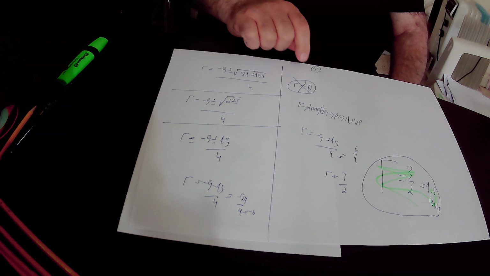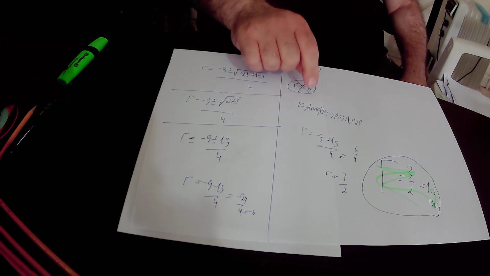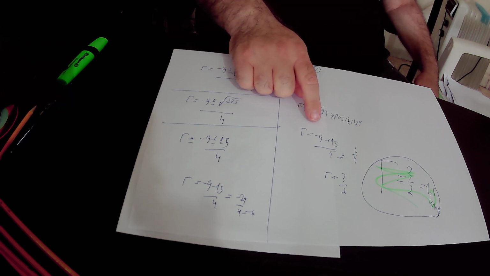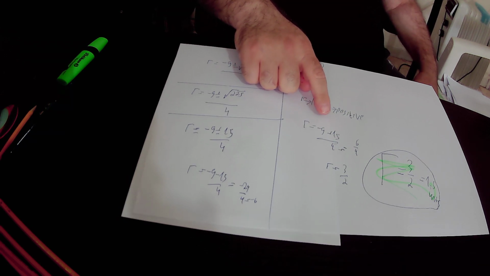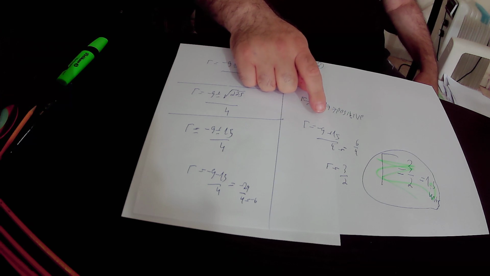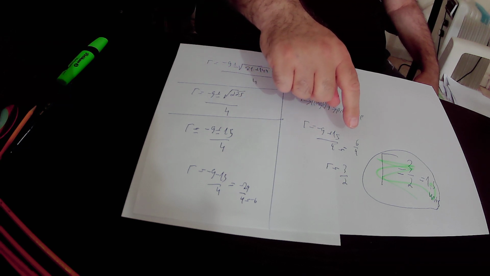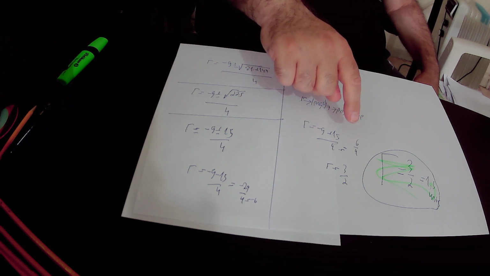So we cancel this solution, and we are left only with the second solution, that r, the radius of the small circle, equals minus 9 plus 15 over 4. Minus 9 plus 15 is 6, and 6 over 4. We divided both the numerator and denominator of 6 over 4 by 2. 6 over 2 is 3, and 4 over 2 is 2.